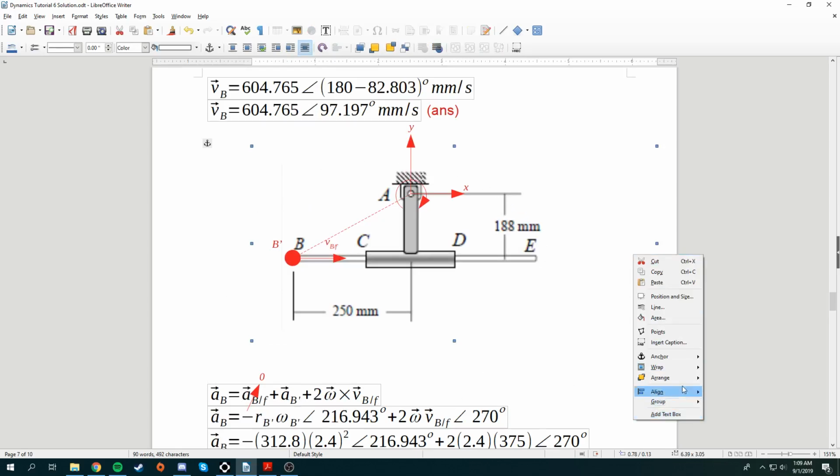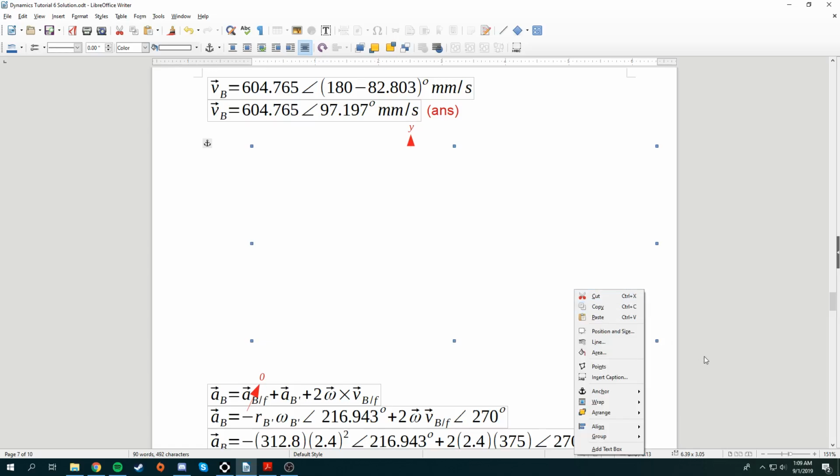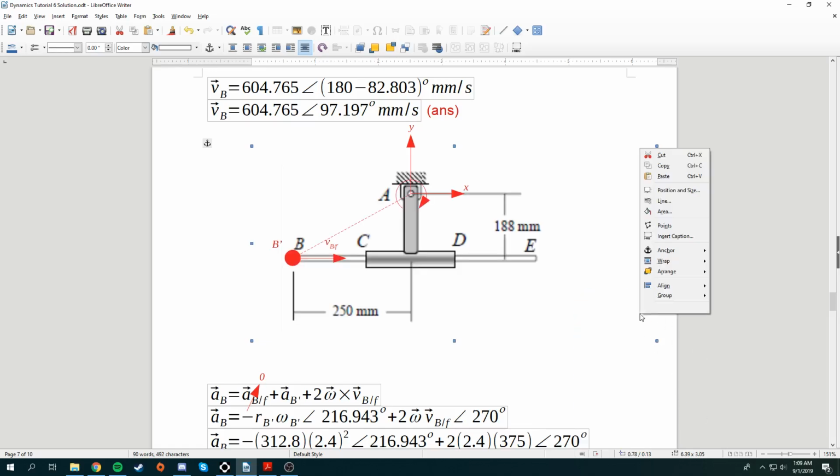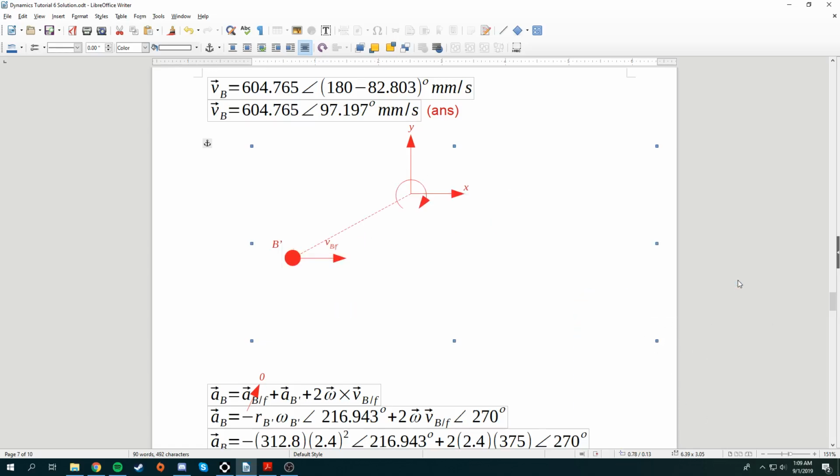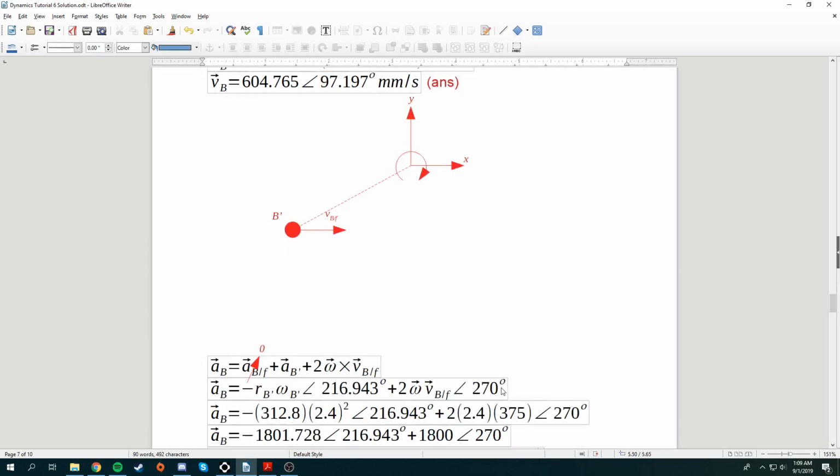Then for Coriolis acceleration, I just need to imagine there's no structure, and just imagine chapter 1, kinematics of a particle. So I just need to do my omega cross with the velocity vector, and we find it to be in the direction of 270 degrees. Just do your right hand rule.